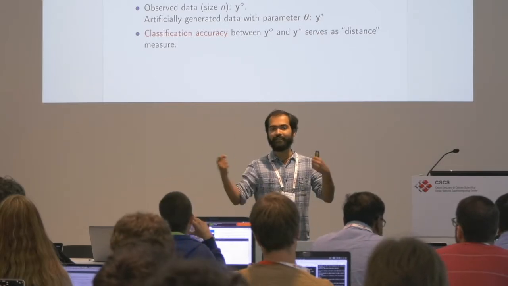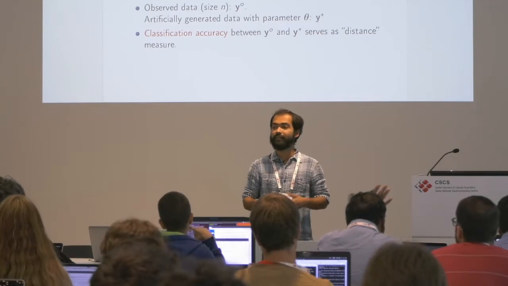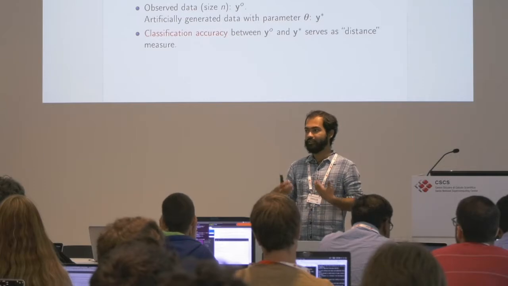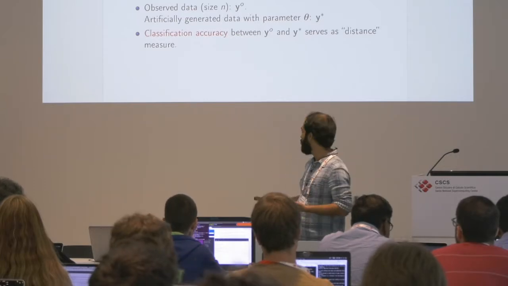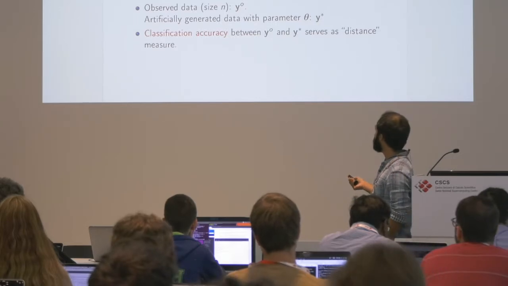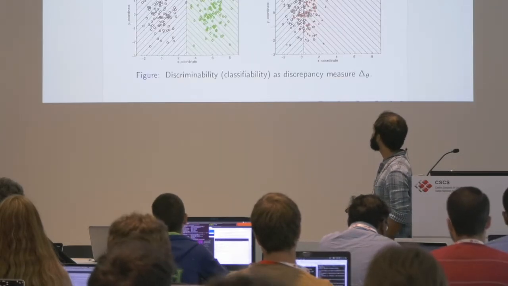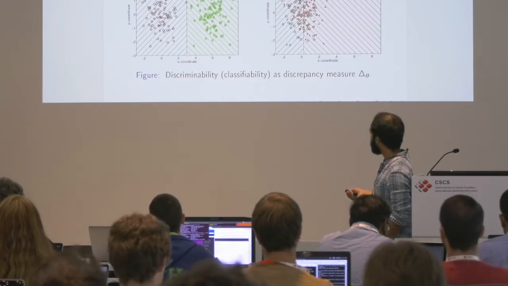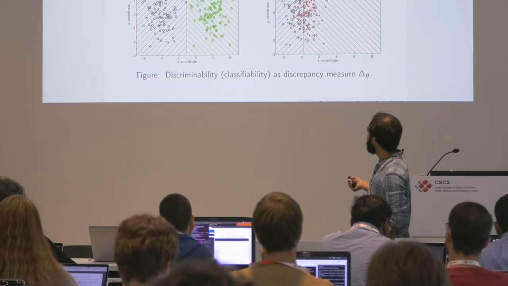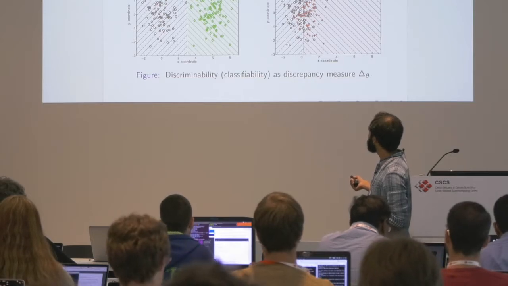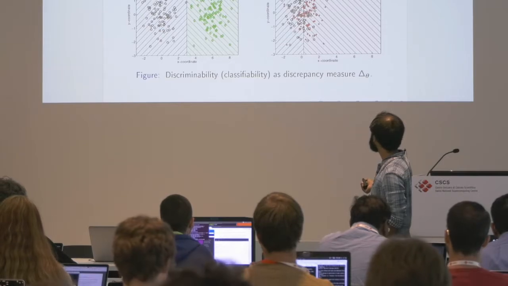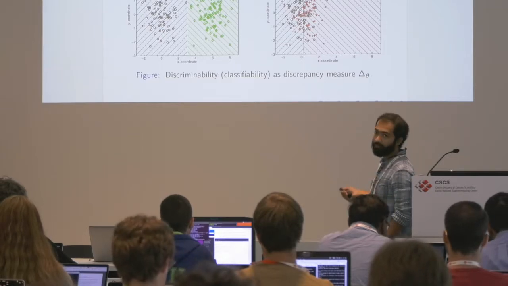So we can see that if theta 1 and theta 2 are very far apart, then classifying the two data sets is much easier than if they're very close. That's the basic thought we had, so why don't we use classification accuracy between data sets? This is an example where these black dots are the observed data set, and this is simulated data with mean 6, 0, and here simulated data with mean half, 0, where this was actually the true parameter value.